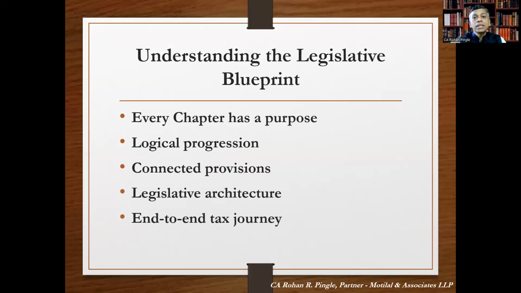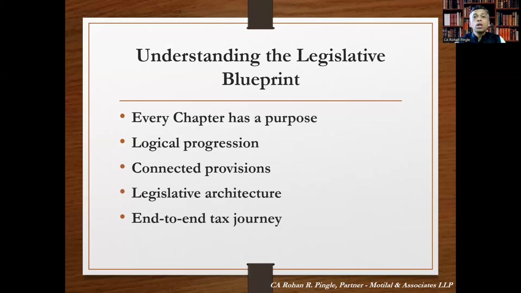Let's see, understanding the legislative blueprint. We have understood the broad flow of the Act. Now let us look at the philosophy behind its design. It has been drafted like a well-designed operating manual. Every chapter answers a specific question.